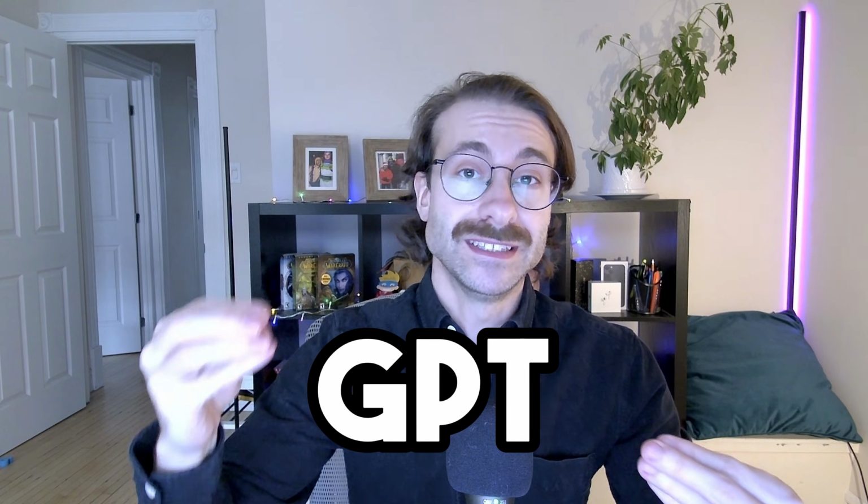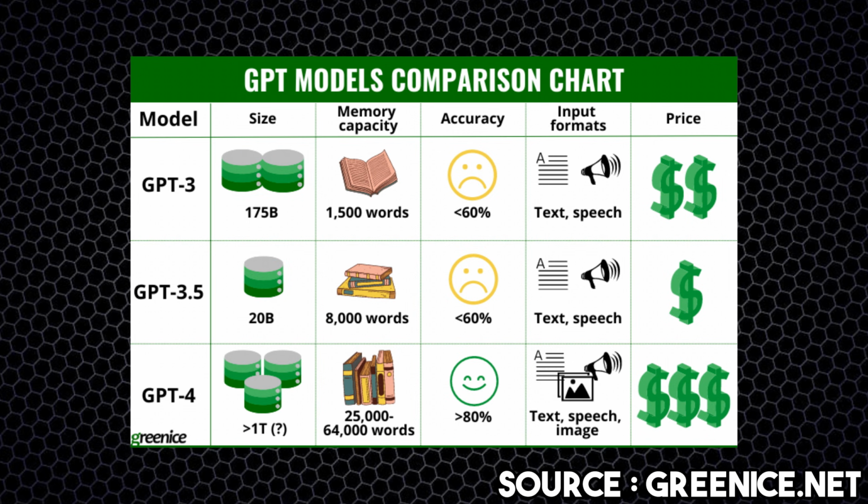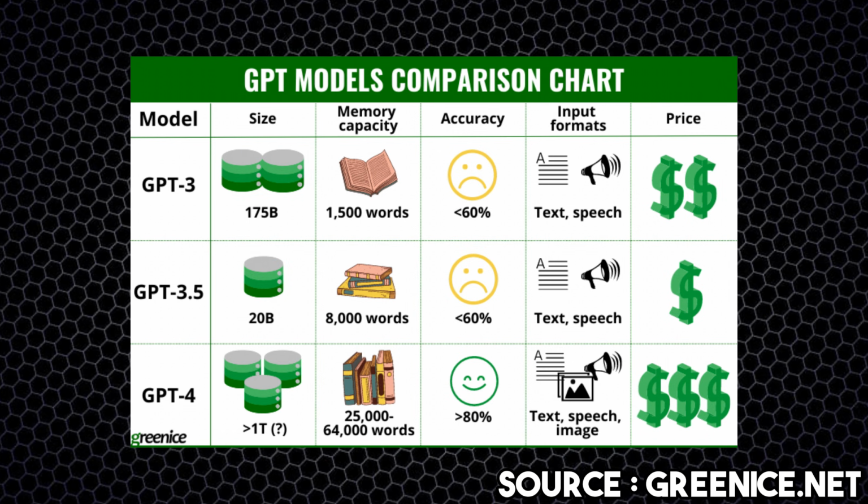One huge difference between the free and the paid version is the version of the GPT, the technology behind what you type. Basically, I won't get too technical here, but let's say that the free version will be on 3.5 and the paid version will be GPT-4, which means more accurate, more memory, and more capabilities of analysis.